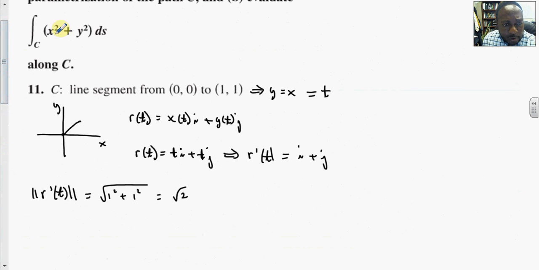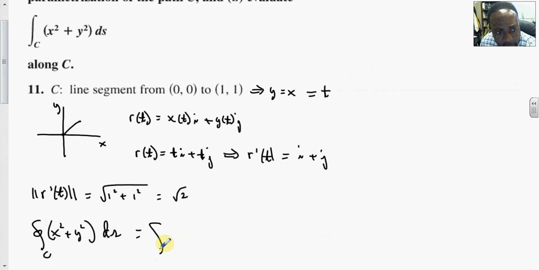So you're looking for this line integral of x squared plus y squared ds. So this is the line integral. So t is going from 0 to 1, 0 less than or equal to t less than or equal to 1. Right?